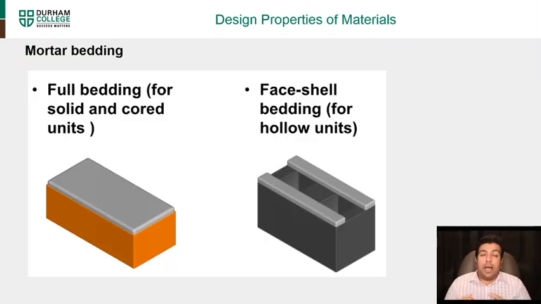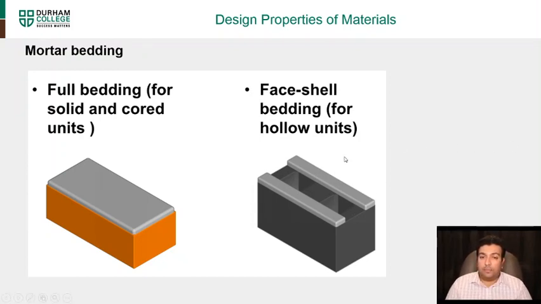Next is how the mortar sits on the actual brick. If it's a full brick, it's called a full bedding for solid and cored units. So for solid or cored units, you put a full bedding. If it's a hollow unit, we call it face shell bedding for hollow units. So you can see only the two ends here.